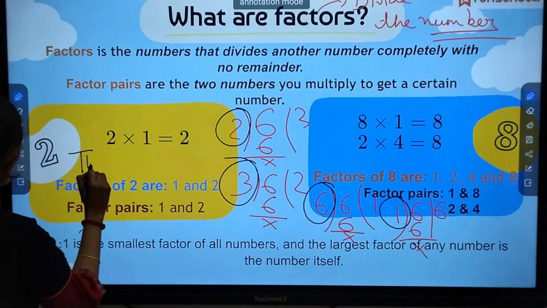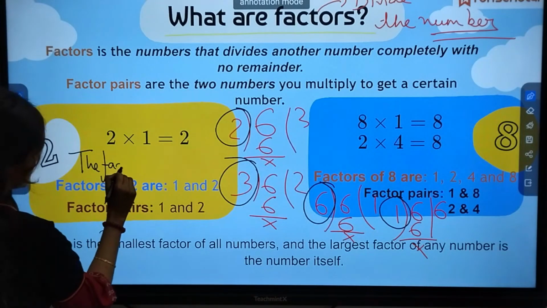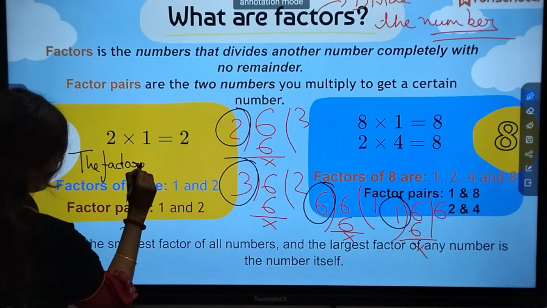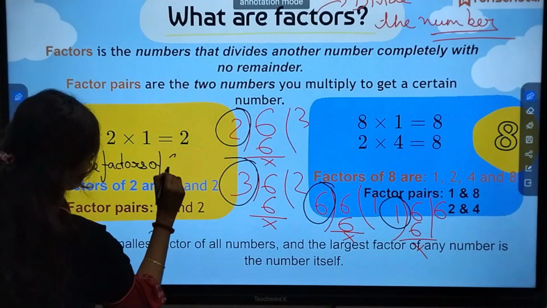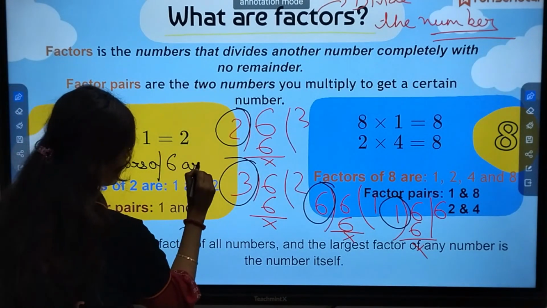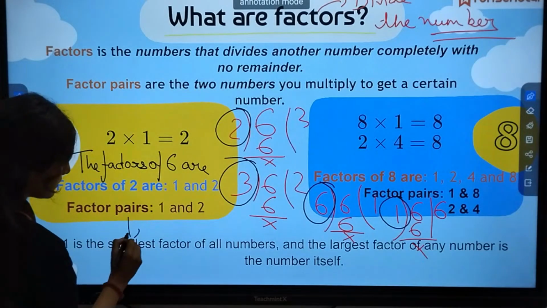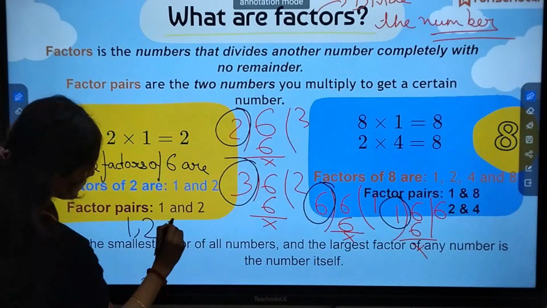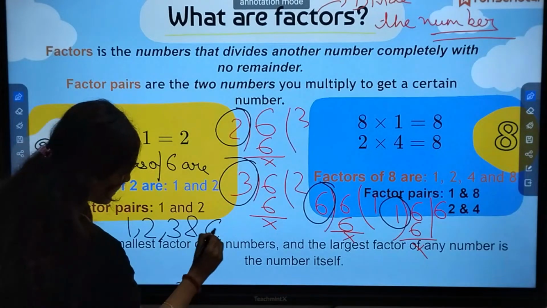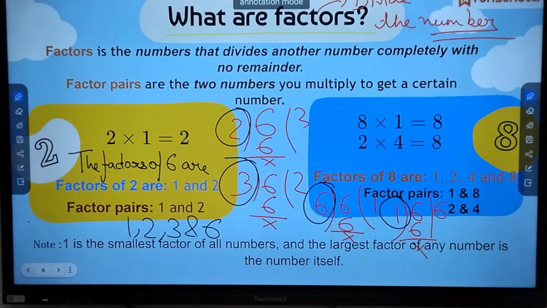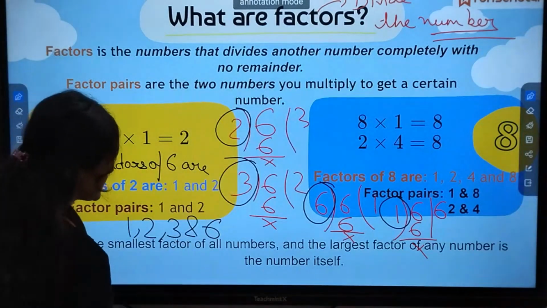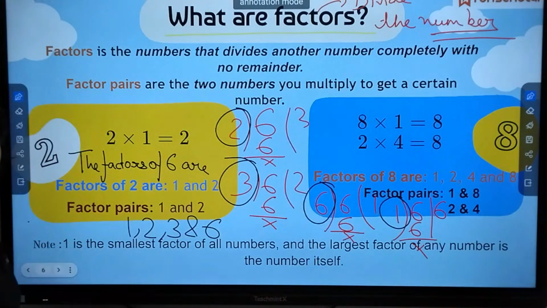So we can say that the factors of 6 are 1, 2, 3 and 6. Is there any number by which you can divide 6 other than these 4?